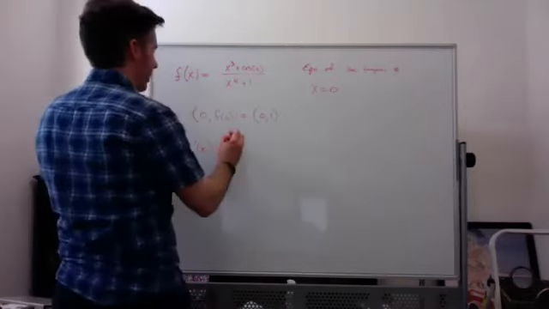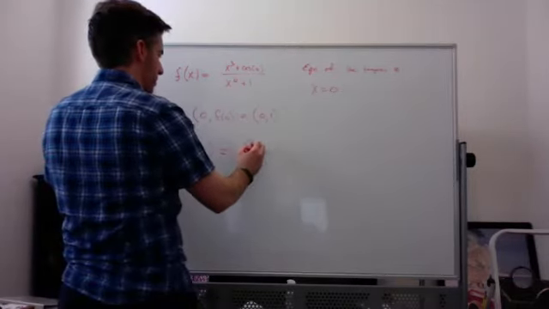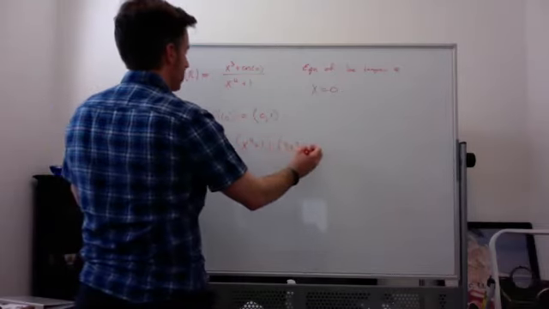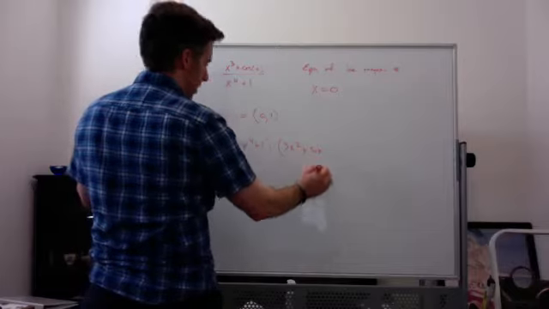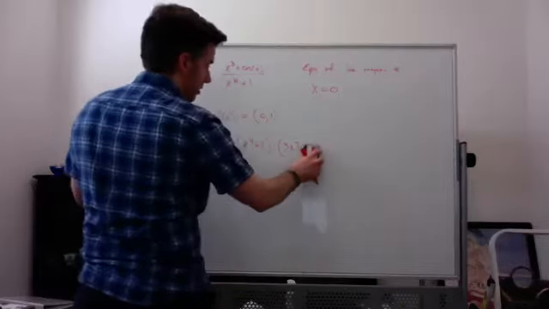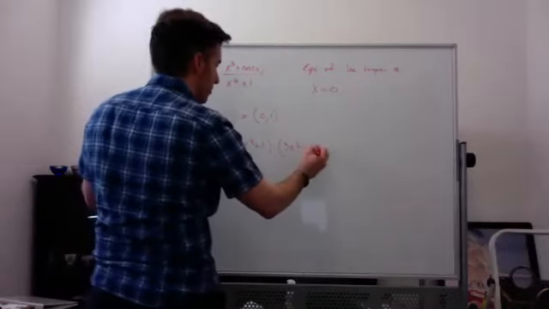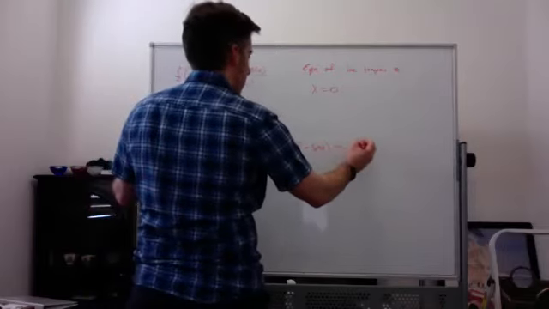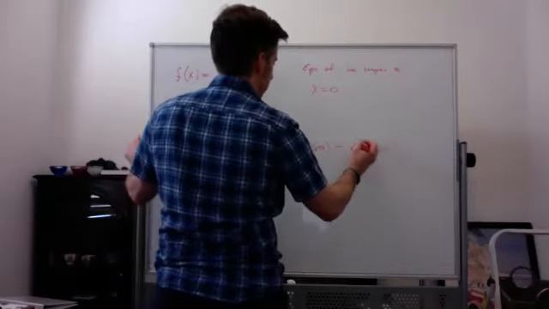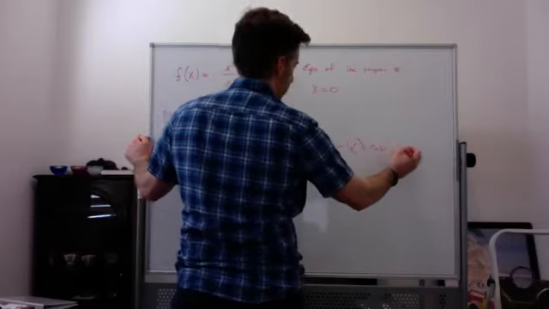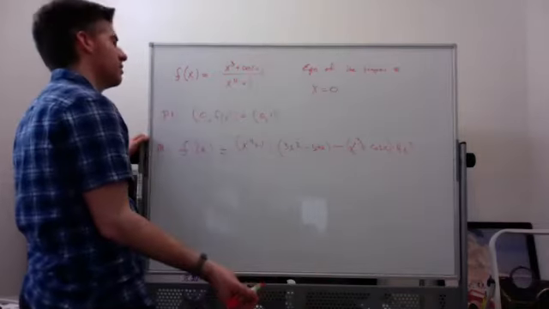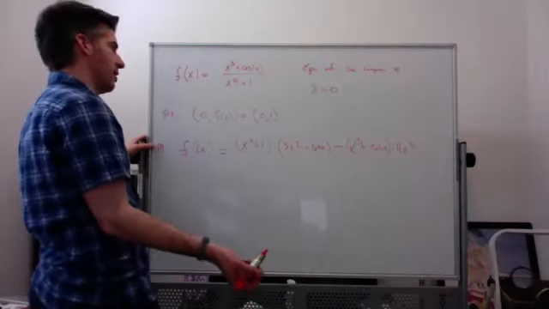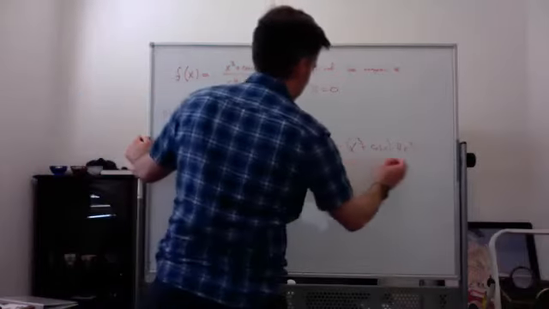So finding the derivative, I get the bottom times the derivative of the top, which is 3x squared plus negative sine of x minus sine of x, minus the top, x cubed plus cosine of x times the derivative of the bottom, over the bottom squared.